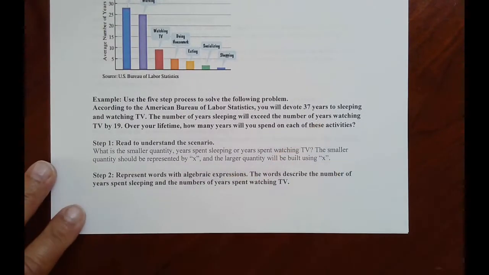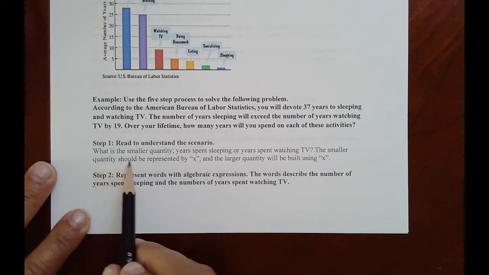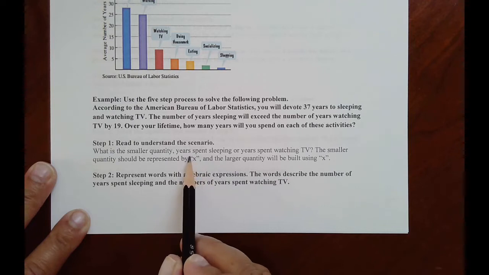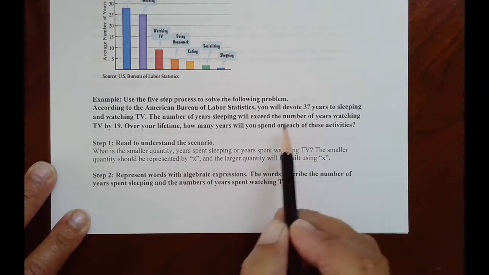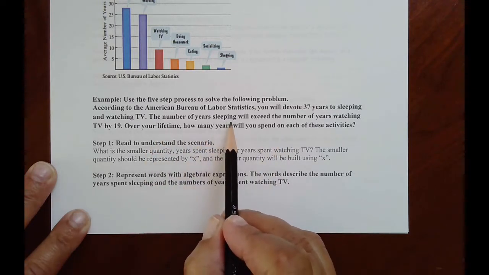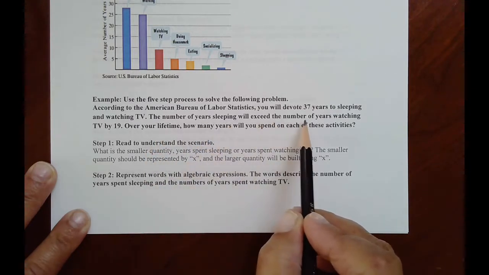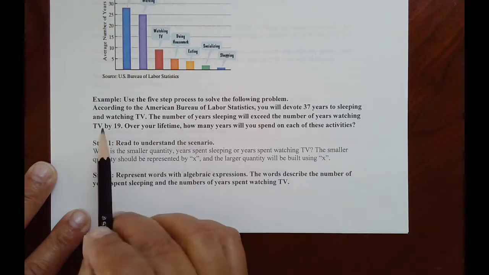Okay, so step 1, I've broken it down for you. We've already read. What is the smaller quantity? Well, in this particular scenario, they say that the number of years sleeping will exceed the number of years watching TV.